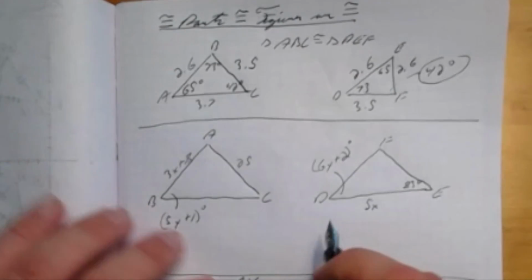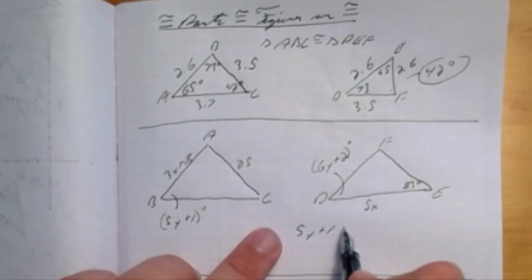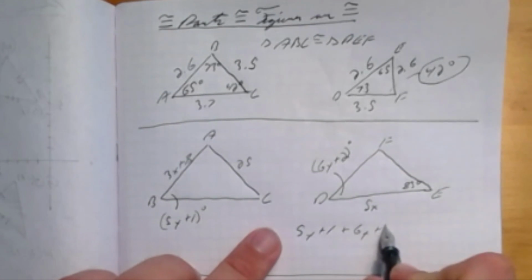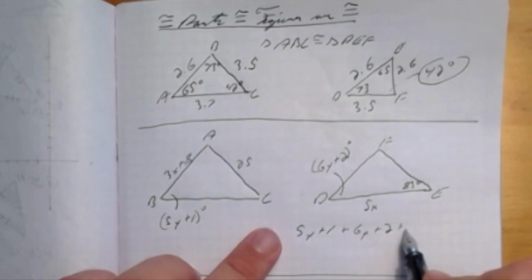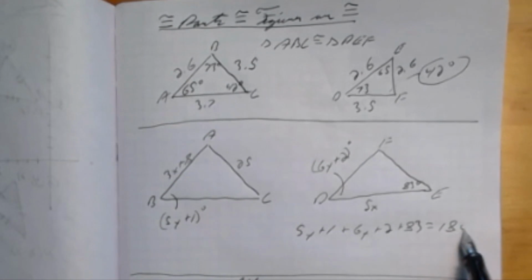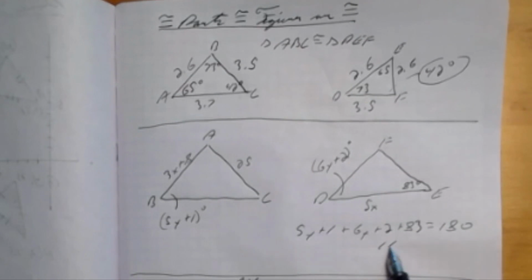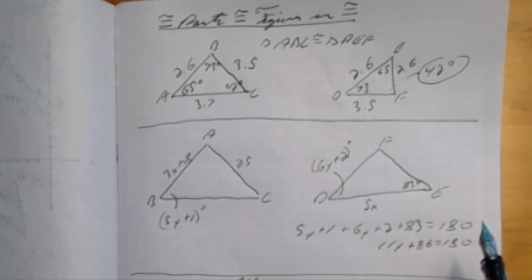One angle is 5y plus 1, plus the other angle of 6y plus 2, plus the third angle of 83, means those are all equal to 180. So I'm going to combine like terms here, and I'm going to have 11y plus 86 is 180. So when I subtract 86 from 180, I get 94.